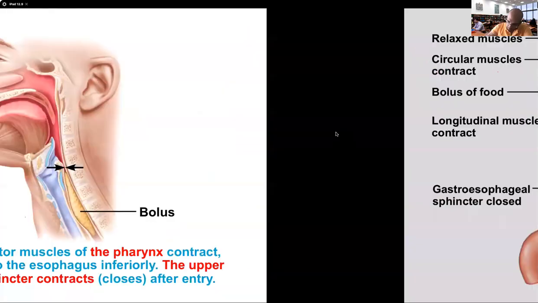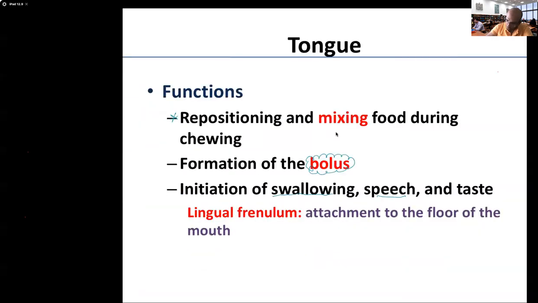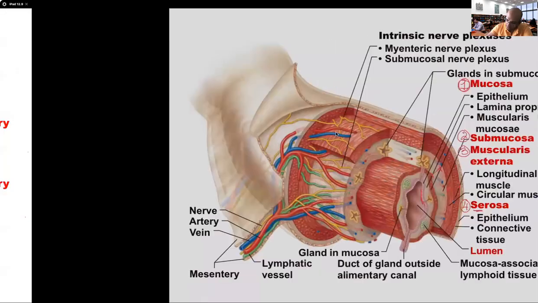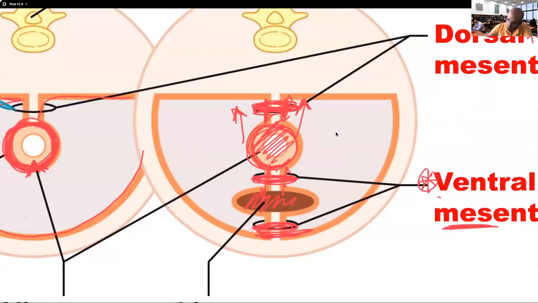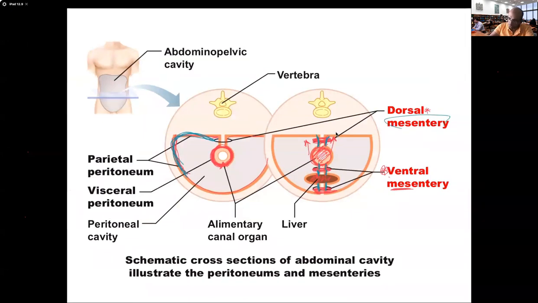Remember, as we mentioned, the visceral layer of the peritoneum is going to be forming connections between the abdominal organs. And those connections between the abdominal organs that keep them in their place are what we've called the mesenteries.